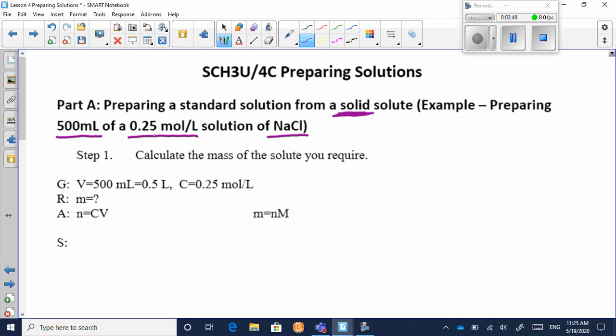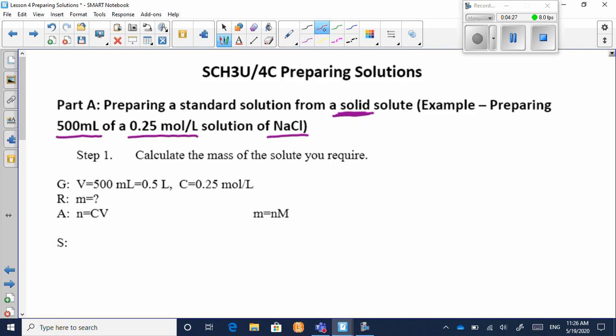The expectation is that you're not going to come back to the lab bench at the end of it with 0.5 or 0.253 or even 0.254. The expectation is you're going to come back with exactly 0.25 moles per liter, because being inaccurate will have a dramatic impact on some experiments, and in particular one that we do in this unit is a titration.